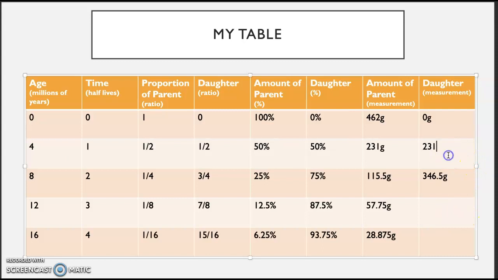And then these are in grams. And then 404.25. And then 433.125. All right, so there we go. My table is complete there.